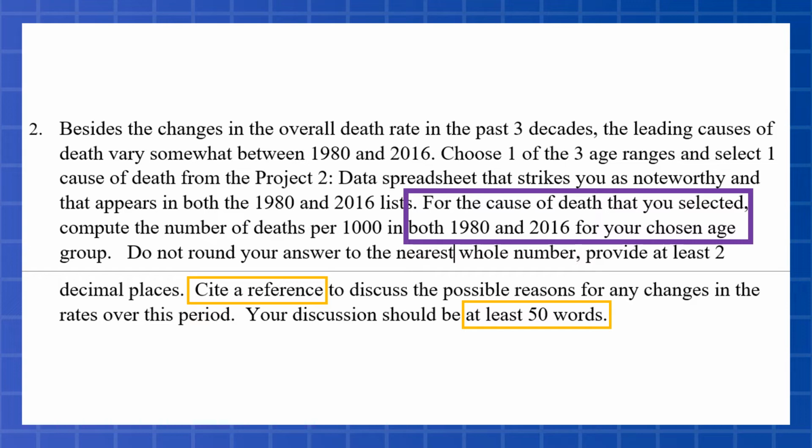You might need to do some Googling to find an article that can explain why that might be the case, okay? Once you find that article, give a little bit of discussion on what the article says, of at least 50 words describing why is there that change in rates over those time periods.